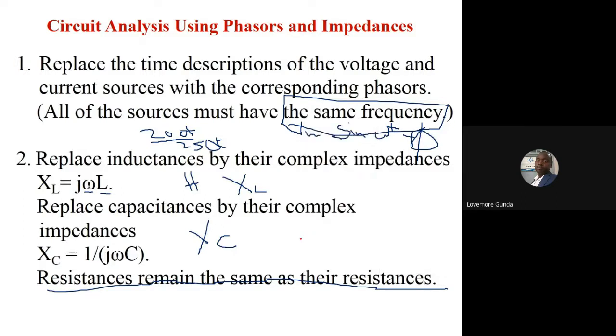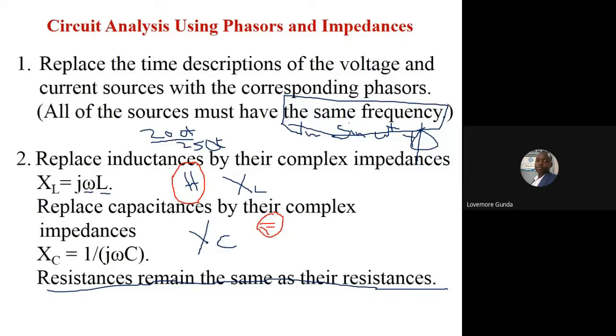So everything else changes. But again, you should note that these changes are only done when the unit on the inductor is henries, and when the unit on the capacitor is the farad. Very important. Why do I say so?